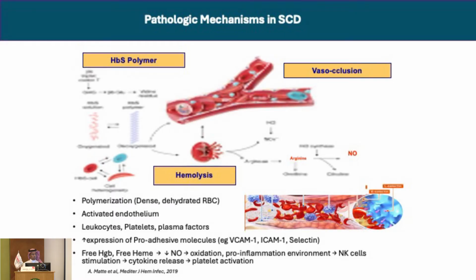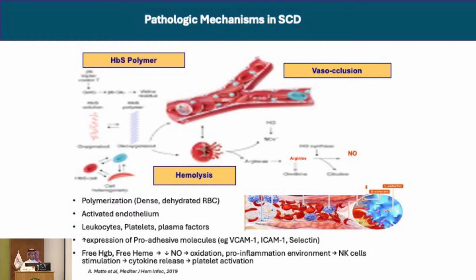As I mentioned, there's one amino acid substitution, and under certain stresses the hemoglobin S becomes rigid when it forms polymers and leads to a rigid cell that clogs and obstructs the tiny vessels. Not only that, this is the initiation, but the red blood cells themselves are hemolyzed and release the heme and the hemoglobin that consume the nitric oxide, which is important for the integrity and stability of the endothelium.